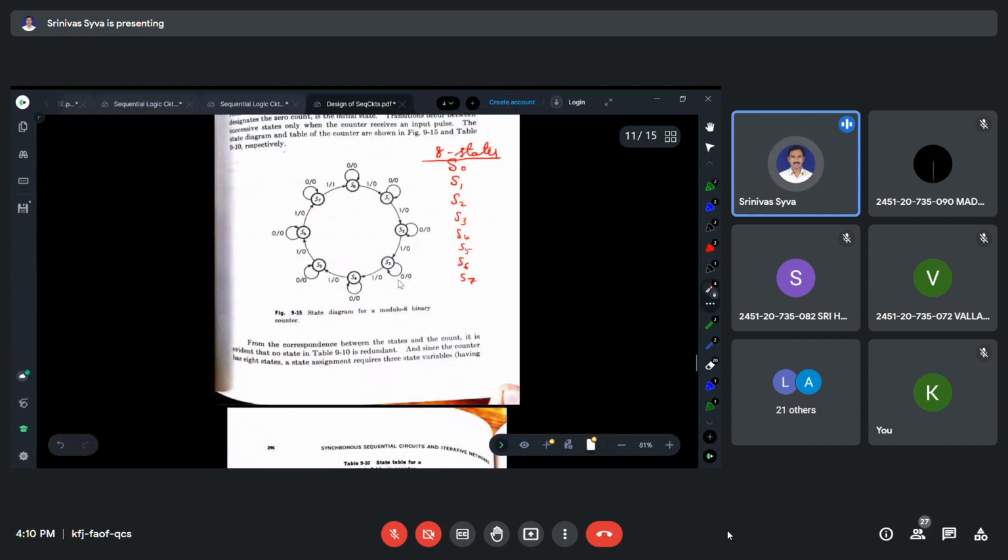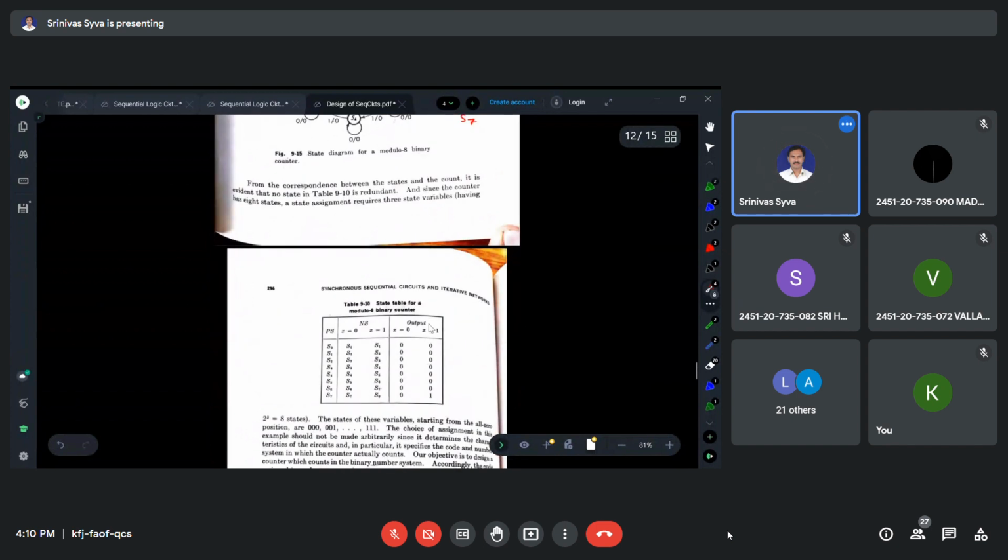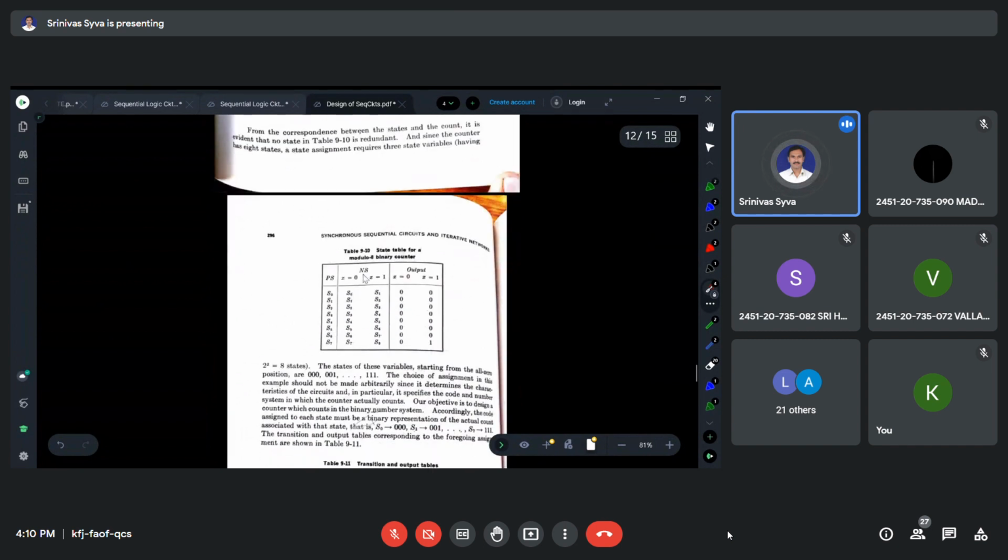So after drawing the state diagram, next is the state table, in the same manner. Present state, next state, and output. See here, this is the next state.